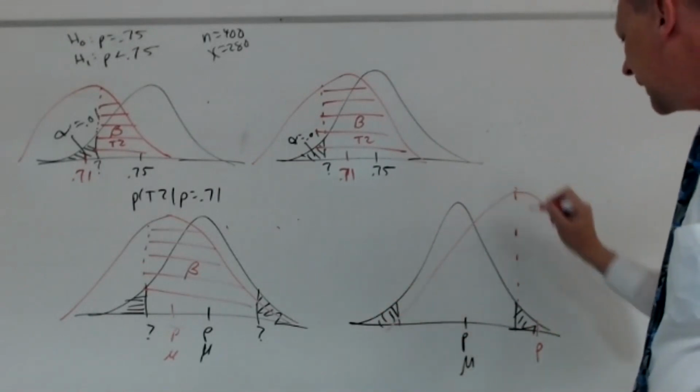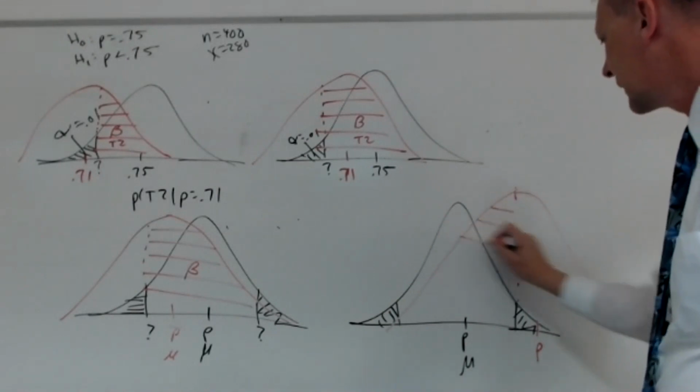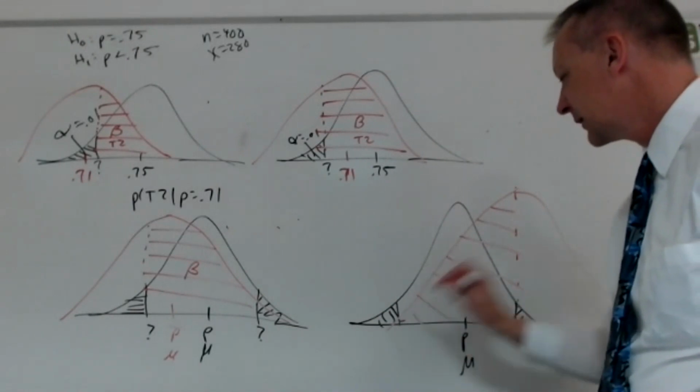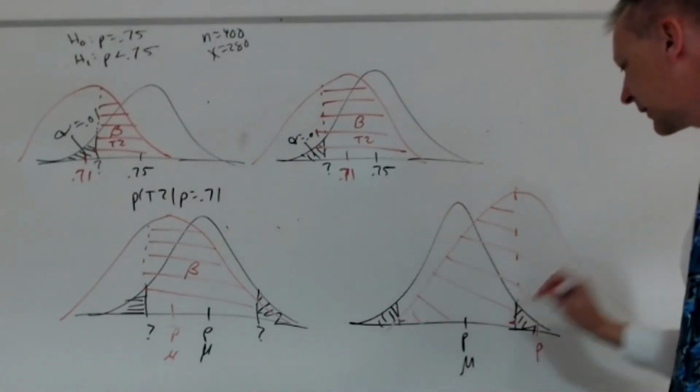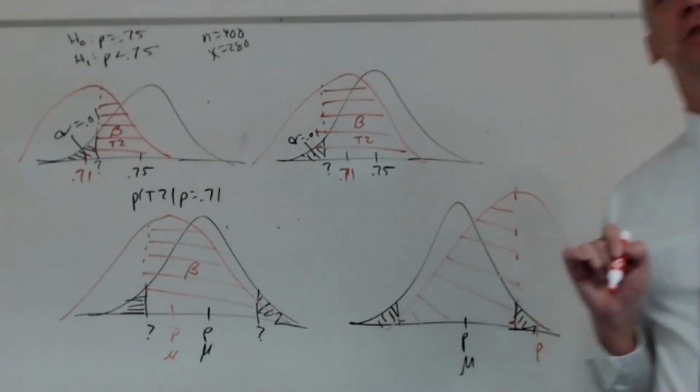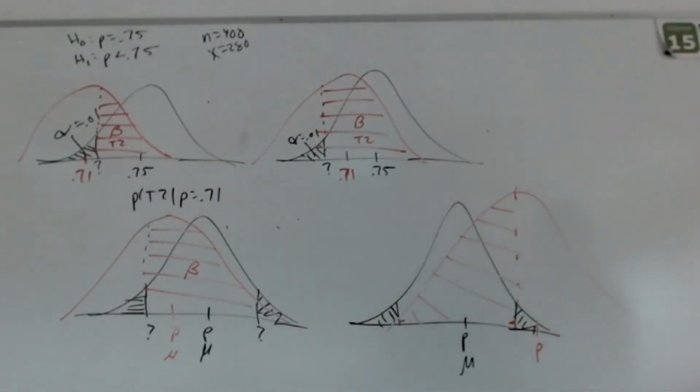In this case, your beta is going to be this area here. It's going to stop there. It's always between the rejection regions of your type 1. So without numbers, that's kind of the best general rule I can give you.